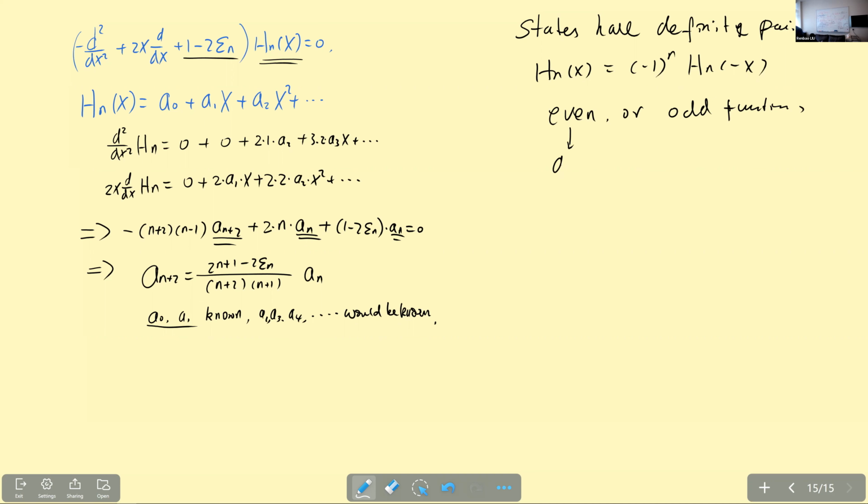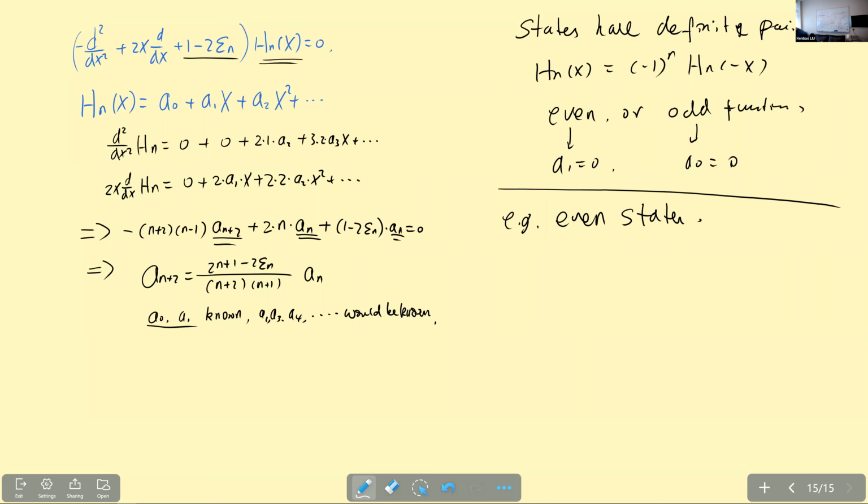In this case, a0 or a1 will equal 0, so we just have one coefficient undetermined. But remember, we always have a normalization factor that can be used, so we can actually fix the states. Let's consider, for example, even states.